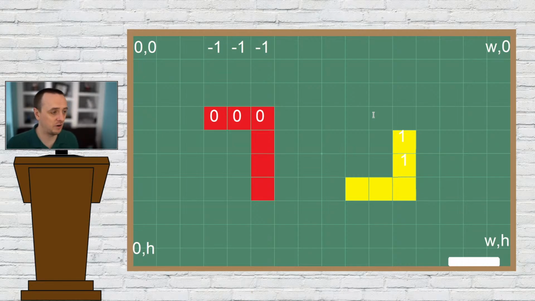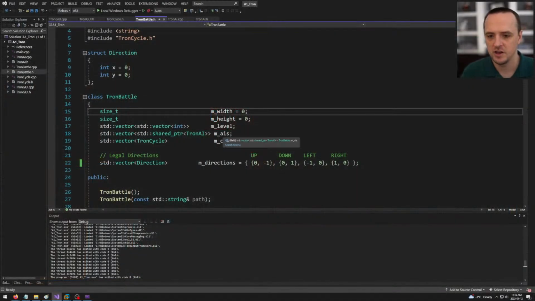So like the first player will be 0, the second player will be 1, the third player will be 2. You can have any number of players. Every time a player is added to the game, the engine gives them a unique integer identifier. So this grid that's in the Tron battle, the 2D vector essentially, just stores an integer to represent what is on the map. So if there's nothing there, it's a -1. Otherwise, it's a positive integer representing the player's identification. So that's what that does.